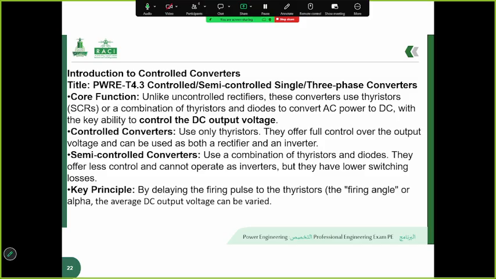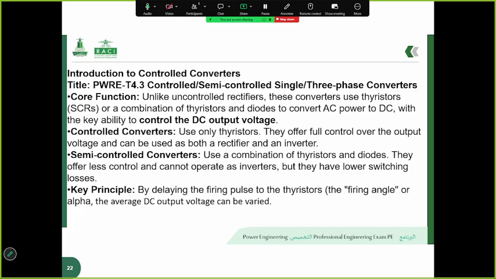The main advantages are lower cost and simpler control, making them suitable for applications that only require rectification, such as non-regenerating motor drives or battery chargers and so on. So the fundamental principle behind all controlled rectifiers is phase angle control, or firing angle or alpha control.